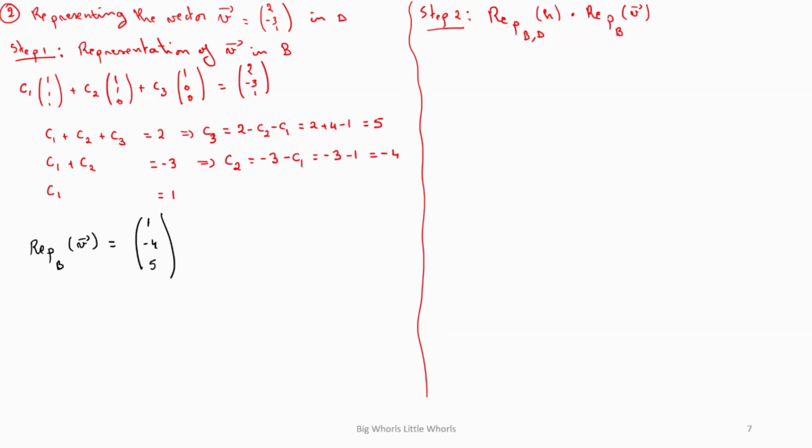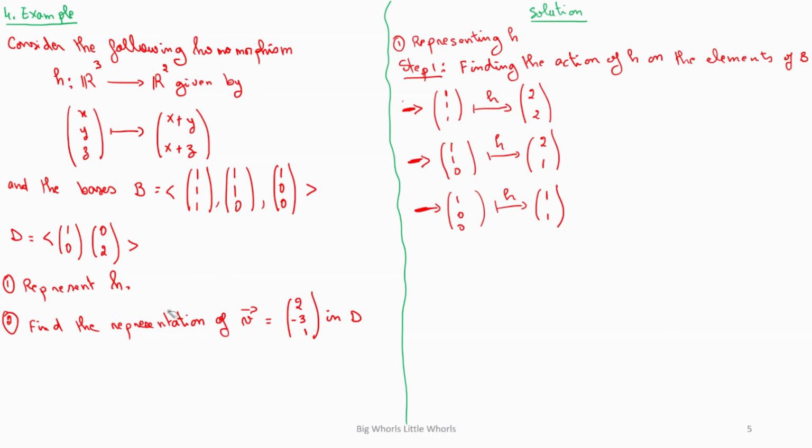So basically we are asked to find the action of H on V. So I think I should write the question as: find the representation of the image of V.